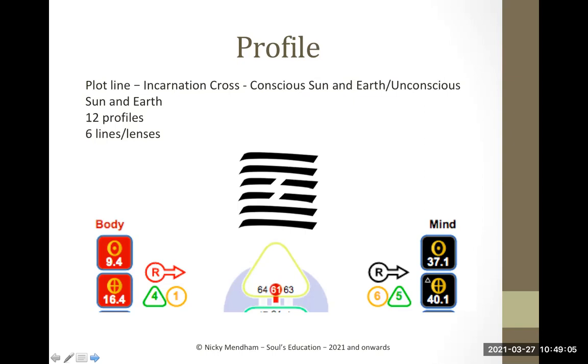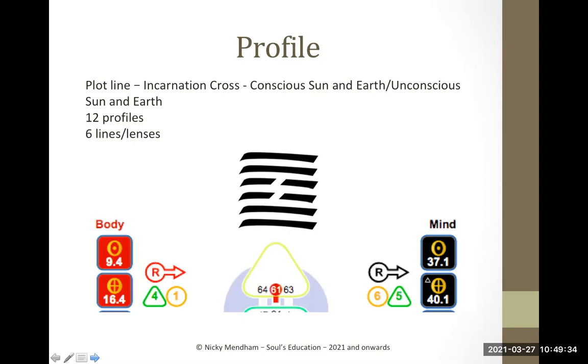So the body works with our unconscious, and it doesn't generally come into our awareness until about our 40s. And then the mind is very much about our conscious state. And this is what we do in the world. This is how we present ourselves externally. The body, the unconscious side, is very much about who we are.